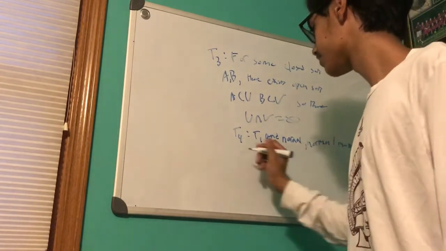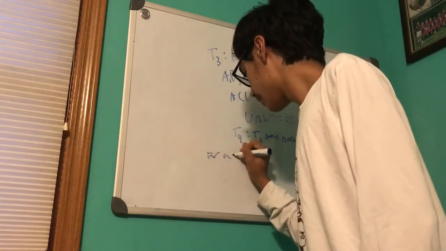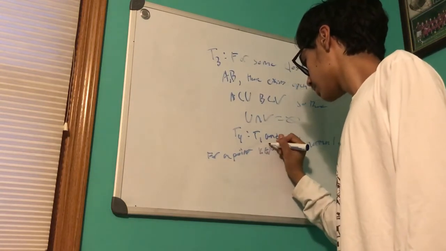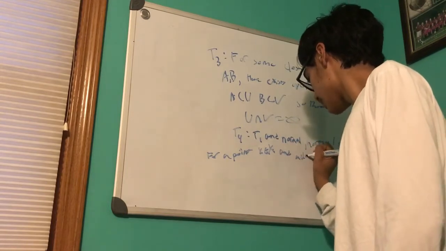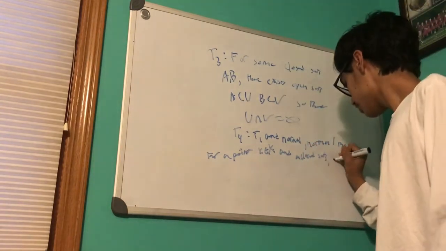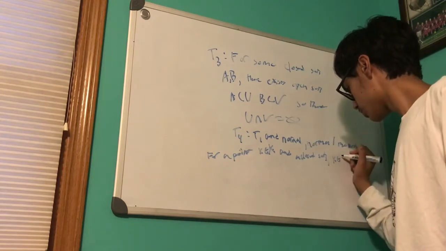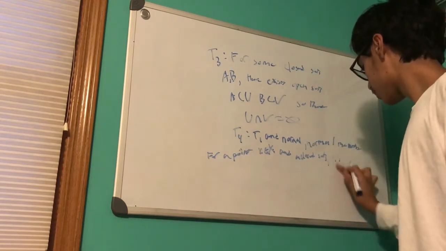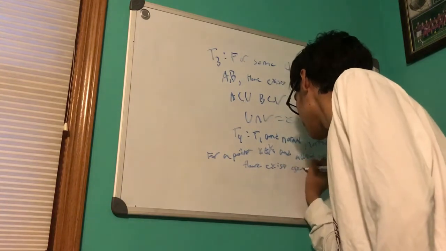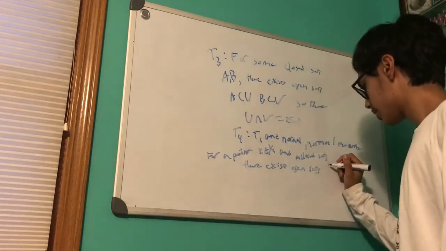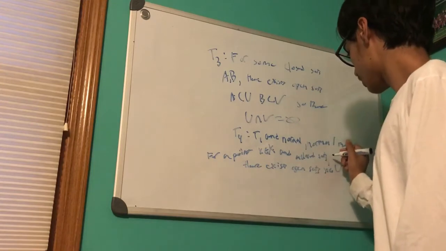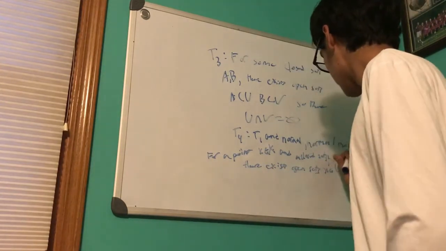Normal meaning, of course, a point X and a closed set A, there exist open sets, X within U, closed set V. I'll use A again.